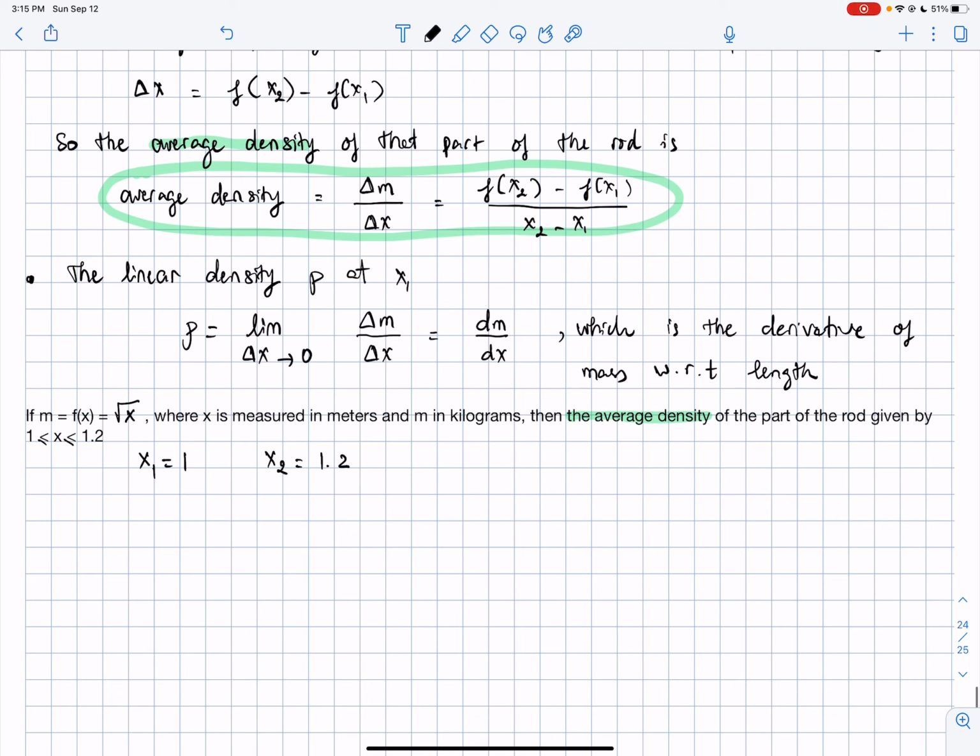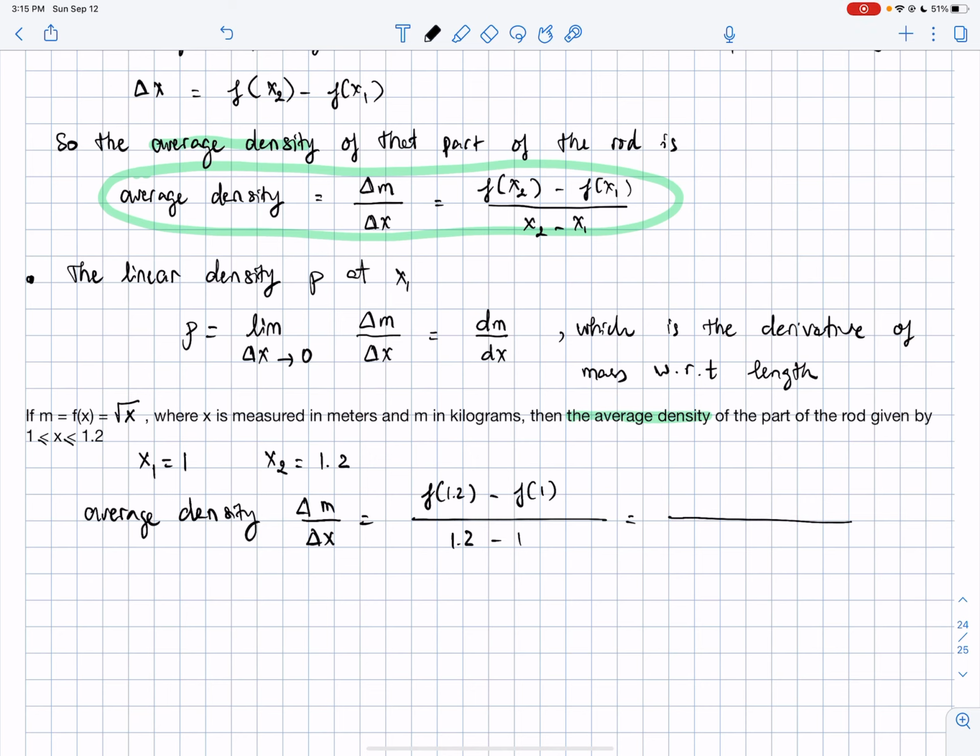So we calculate the average density, delta m divided by delta x, which is f of 1.2 minus f of 1, over 1.2 minus 1 in the bottom. So we plug these two numbers into the function.